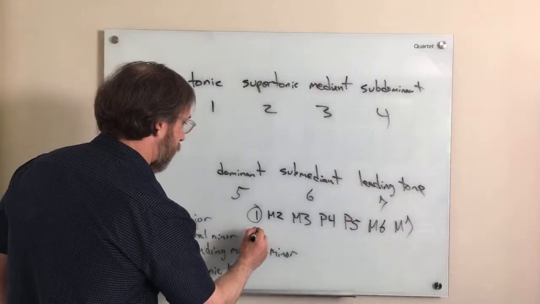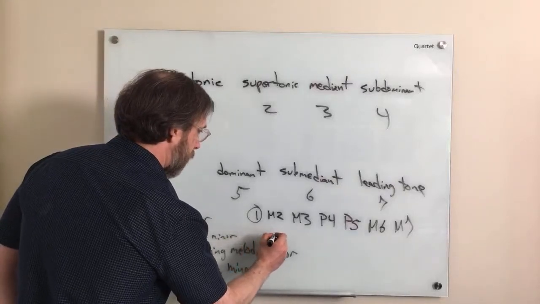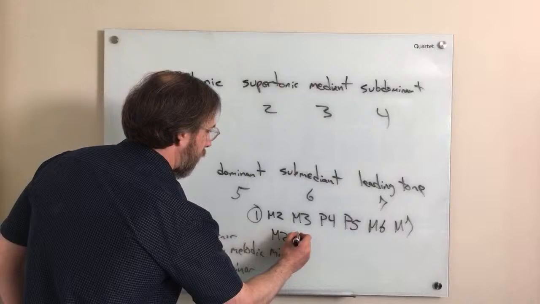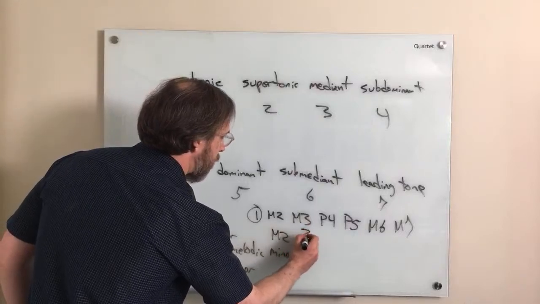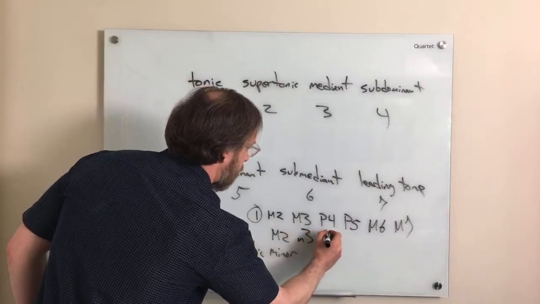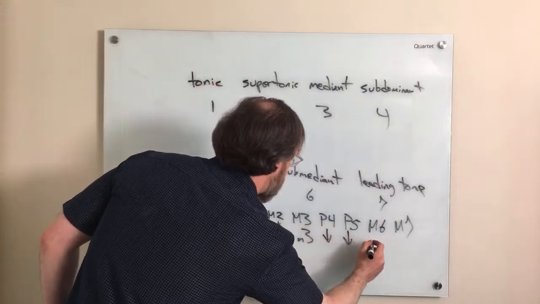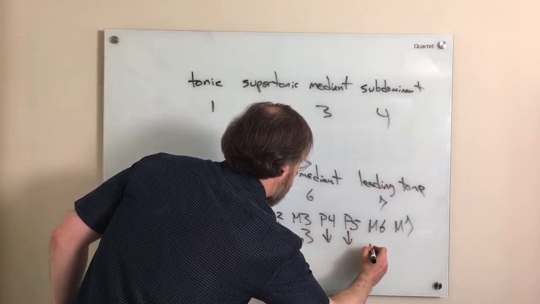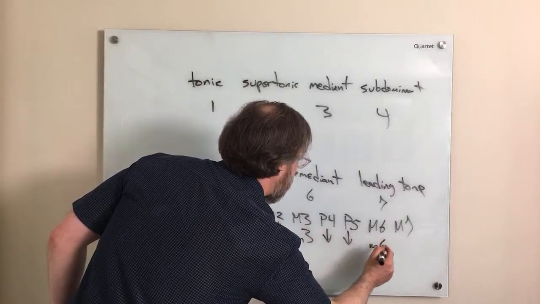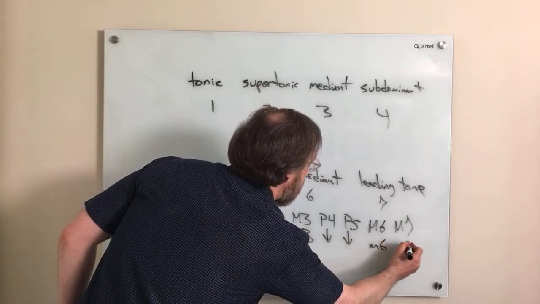Now when you're dealing with natural minor, it stays a major second. The major third becomes a minor third. The 4th and 5th stay. So I'm going to do a little arrow like this to show it stays. The major 6 becomes a minor 6, the major 7 becomes a minor 7.